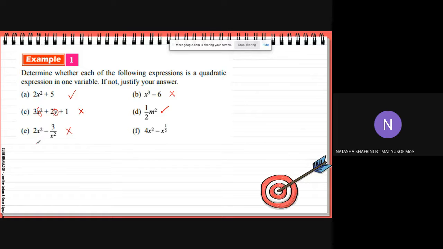Because here E is 2x square minus 3 power x power negative 2. This expression contains x over x power 2. So kalau kita tukar, dia adalah jadi macam ni, negative 3x power negative 2. So x power negative 2 ini is not quadratic expression. Ini okay, tapi because of this is not quadratic expression, so the answer is no. Okay, how about this?